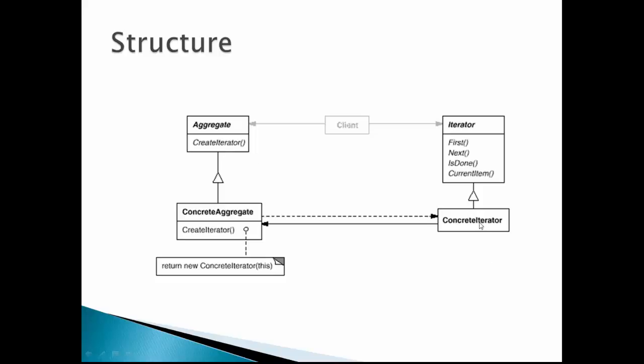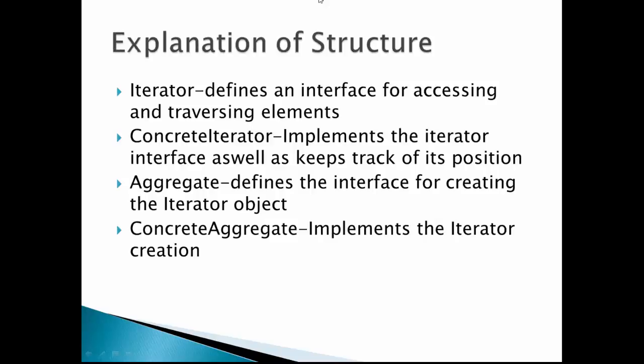The concrete iterator implements the iterator interface, as well as keeping track of the current position and traversal through that aggregate. And the concrete aggregate implements the iterator creation into the interface. That is basically what I just said, so we're gonna skip over that.